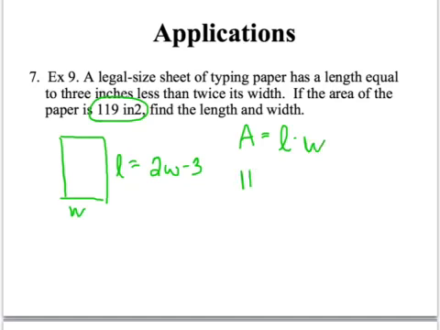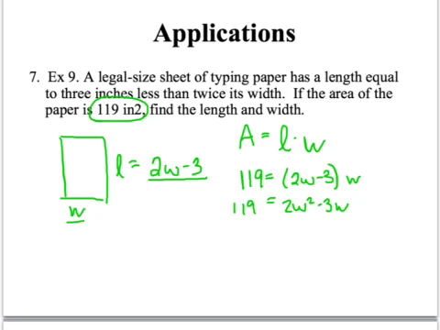So I have 119 is equal to my length, and I need to make sure that my equation only has one variable in it. So I'm going to use 2w minus 3 for my length, and then I just use w for my width. Alright, now we distribute. And you see here you have a quadratic because you have that degree of 2.